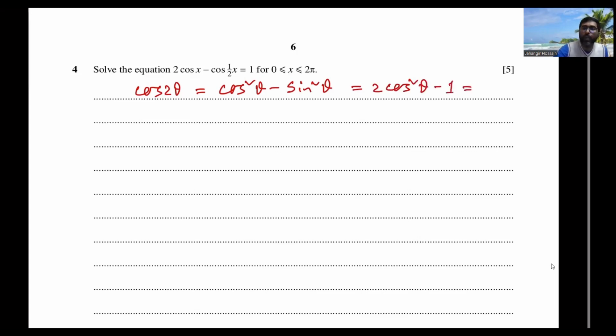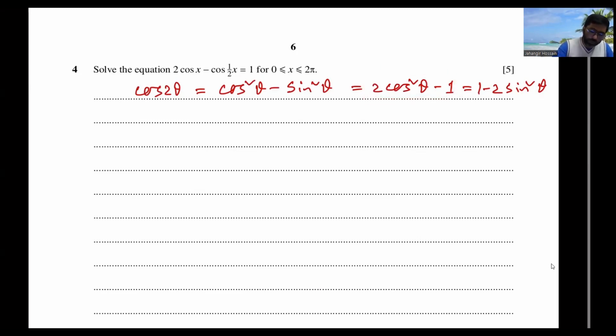And the third one is 1 minus 2 sin square theta. We'll use the one which we need here. We have to resolve cos x in terms of cos x by 2 using the double angle formula, so we'll use this one here, 2 cos square theta minus 1.